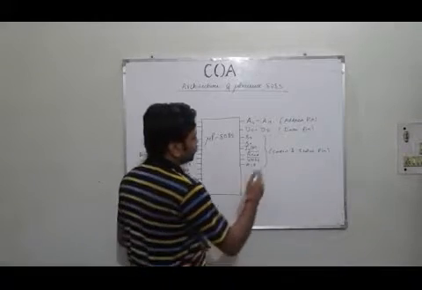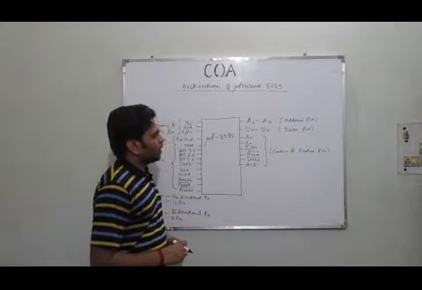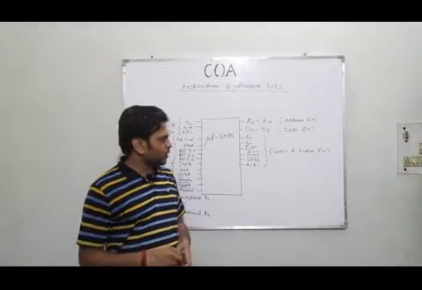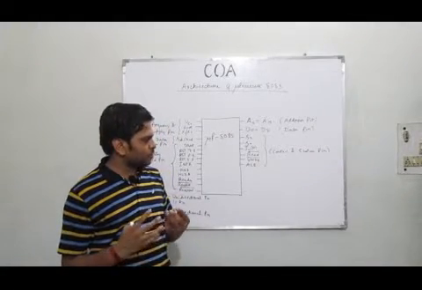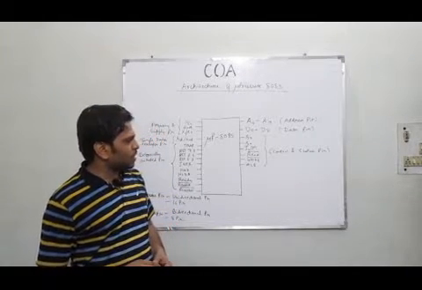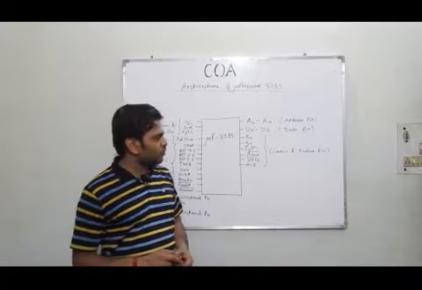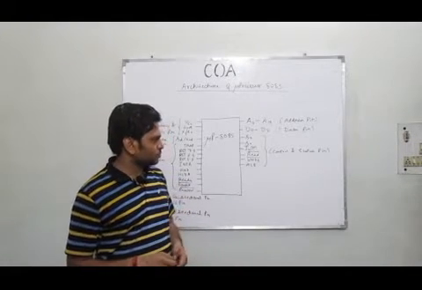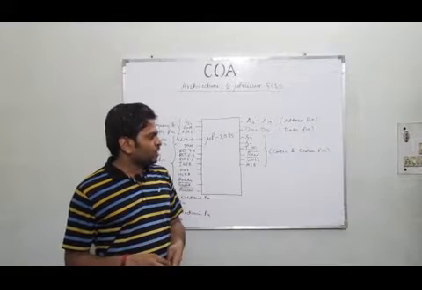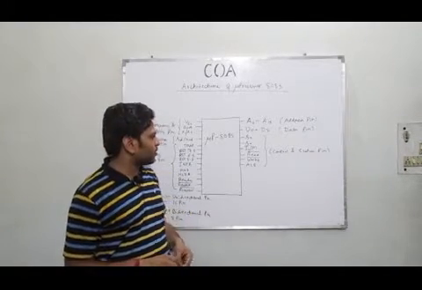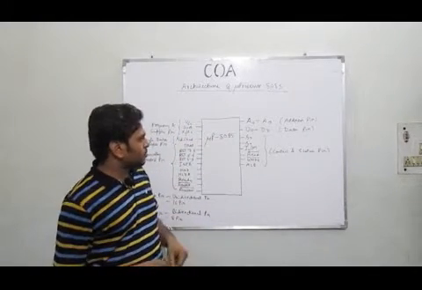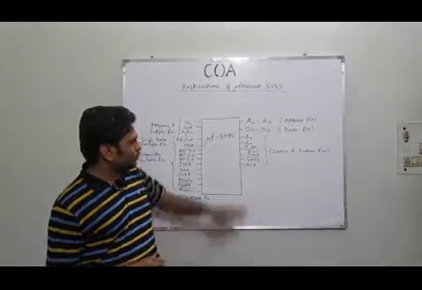Then the control and status pin has the capability to control the basic working of the microprocessor, and it is able to tell the status of input and output of data inside the computer. We will talk more about the significance of all these pins in the coming lectures on the microprocessor.